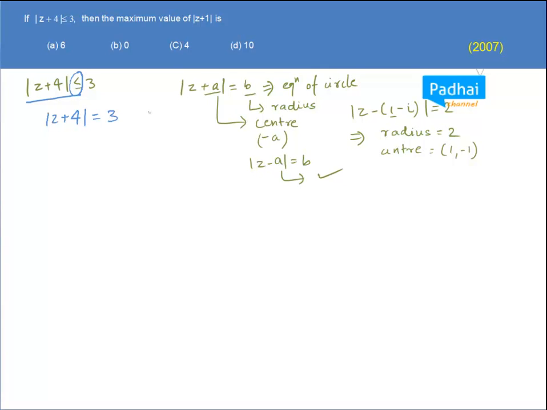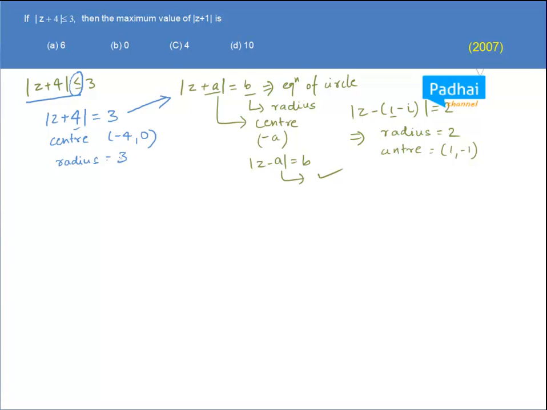Now you can correlate this with the equation of a circle where the center would be (-4, 0). Why 0? Because there is no iota part here, it's only a real part, so the center is on the real axis, and the radius is equal to 3.